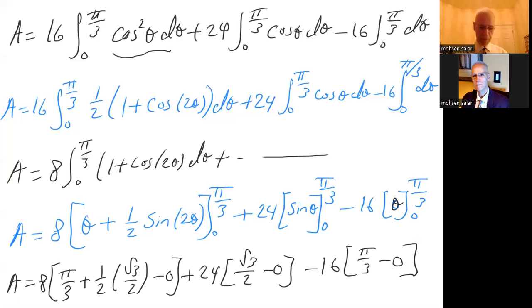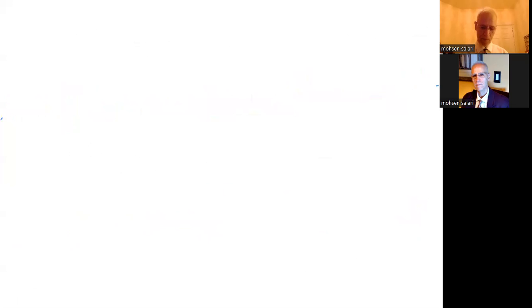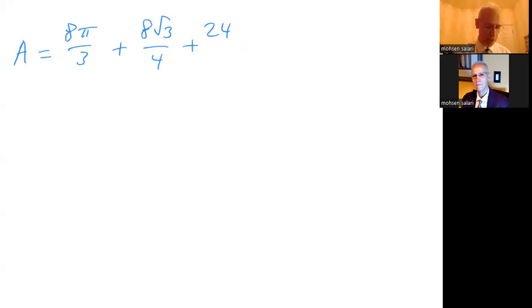Going to the next page. So area equals 8 times pi over 3, which is 8 pi over 3, plus, then I got root 3 over 4 times 8, so 8 root 3 over 4, plus 24 root 3 over 2, minus 16 pi over 3.